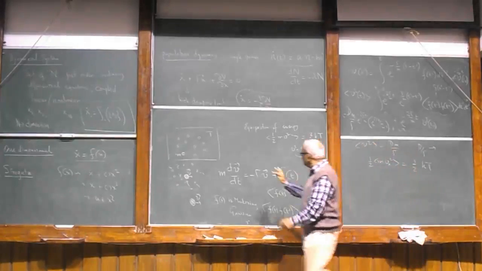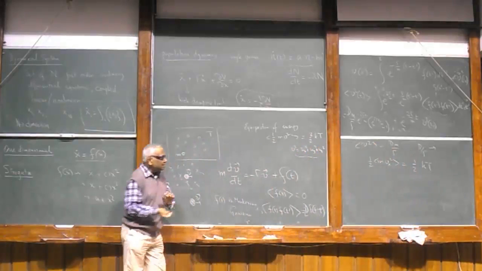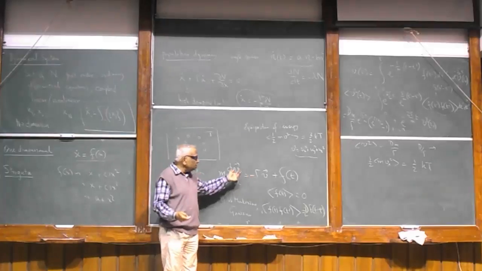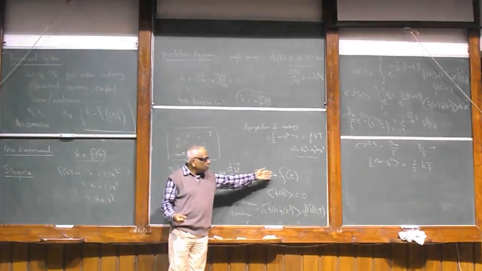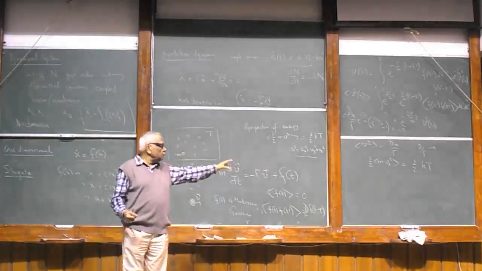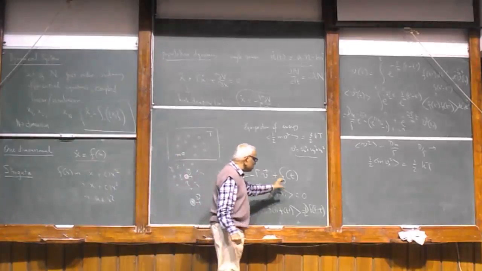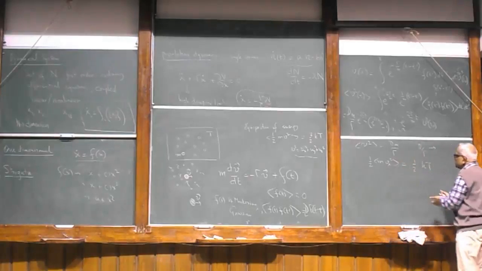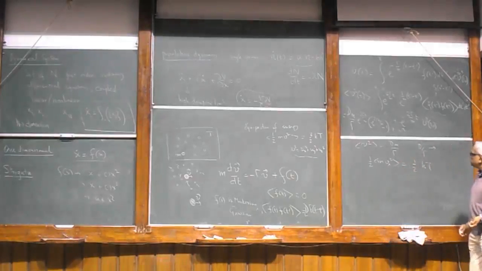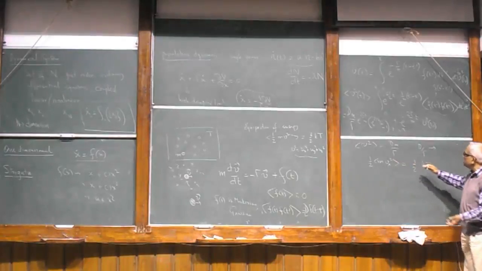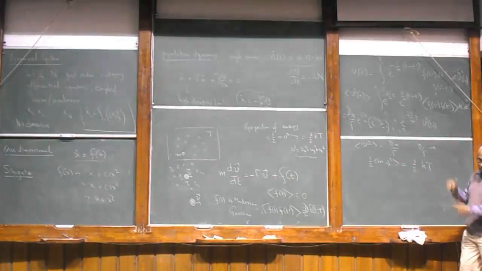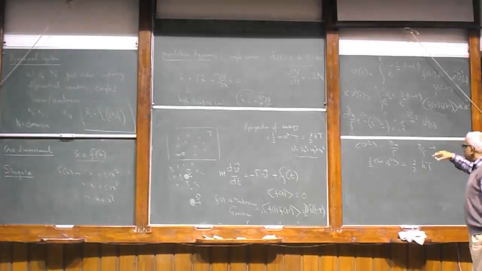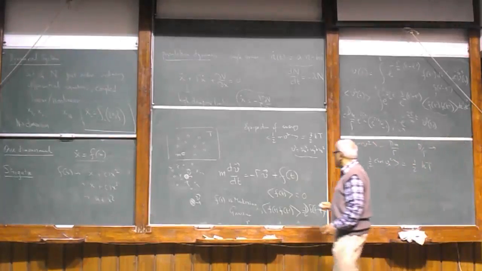So this is the way that this relation with the dissipation over here, m dv/dt equals minus gamma v plus f of t, with this correct choice of f of t, gives you the right kind of statistical mechanics that you eventually land up at, at t going to infinity.